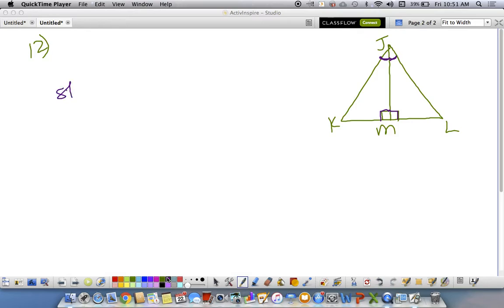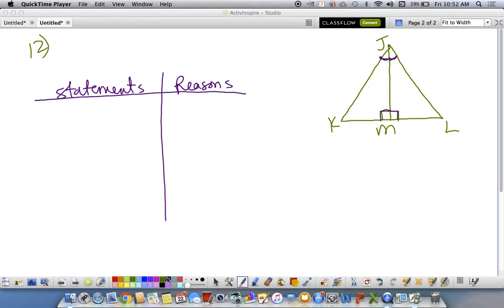Our statements and reasons. So first, we're really given, what do we need to say? Let's say angle KJM is congruent to angle LJM. How do we know that?